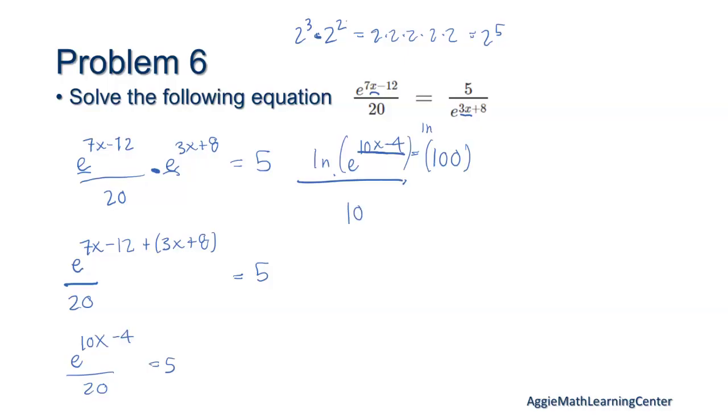I raise e to the what to get e to the 10x minus 4? Well, e to the 10x minus 4 has to have that exponent. That's just a number. We don't have to figure it out right now. And now we're back in linear solving for variables land. So just add 4 to both sides. And divide by 10.